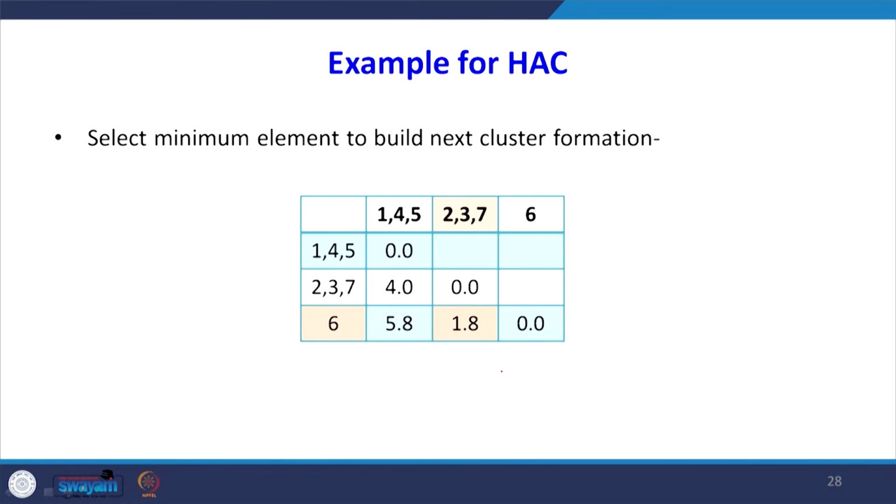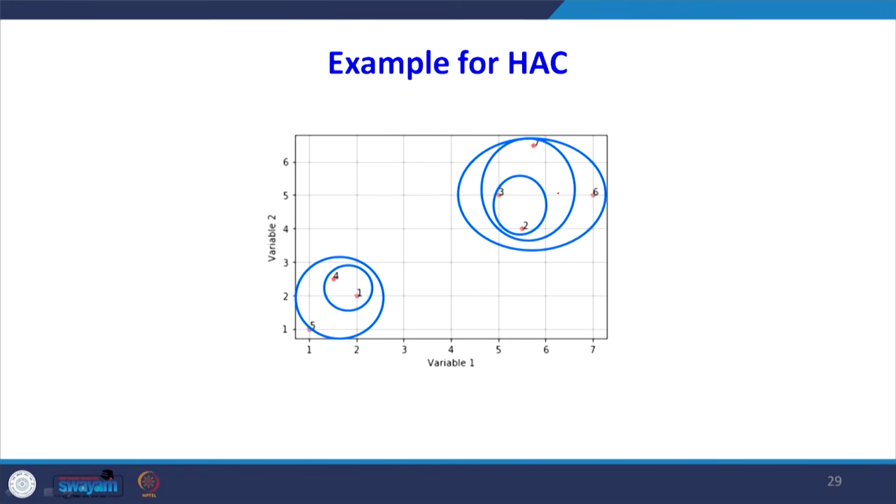Now, the next stage, select the minimum element to build the next cluster formation. Out of this the minimum value is 1.8. This gives the minimum distance between 6 and the cluster 2, 3, 7. So 6 is going to join with this cluster where 2, 3, 7 is there.